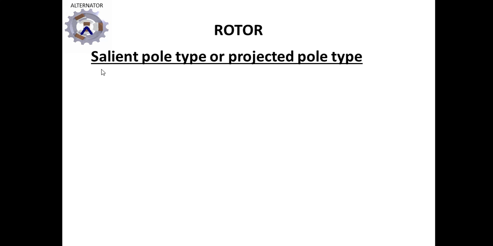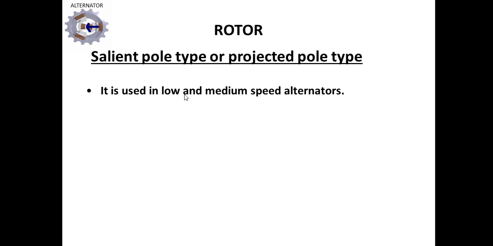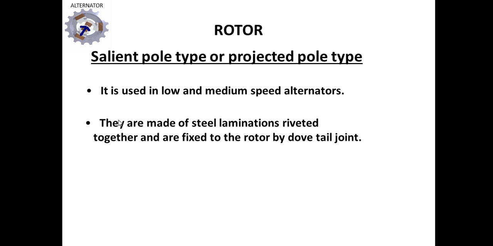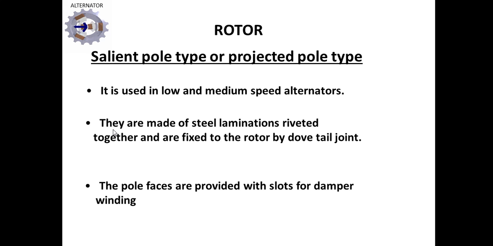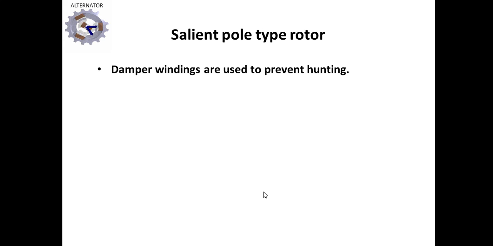The salient pole rotor, which is the projected pole type, is used for low and medium speed alternators. They use small steel laminations riveted together and fixed to the rotor by dovetail joint. The pole faces are provided with slots for damper windings.